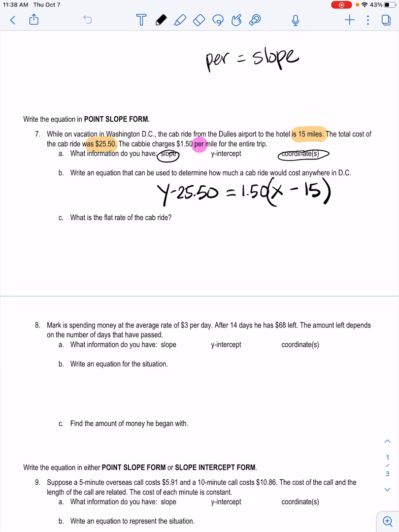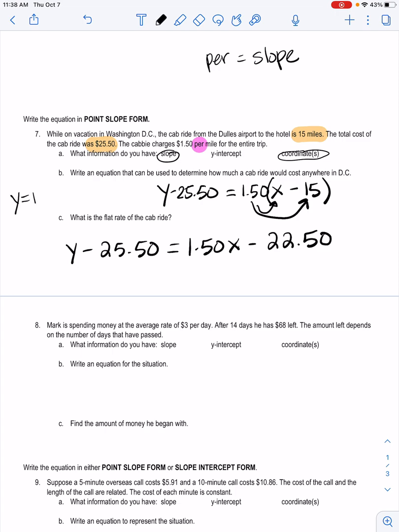The first thing I'm going to do is distribute this 1.50 to my parentheses. So y minus 25.50 equals 1.50x minus 22.50. Okay, so if we're trying to write our equation so it looks like this, that means we need to get the y by itself.